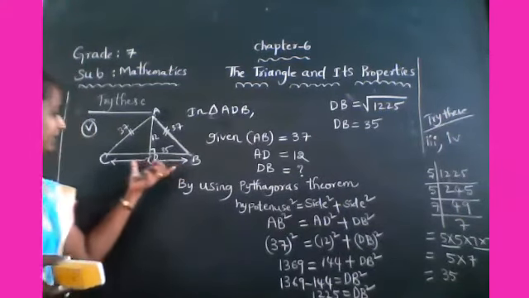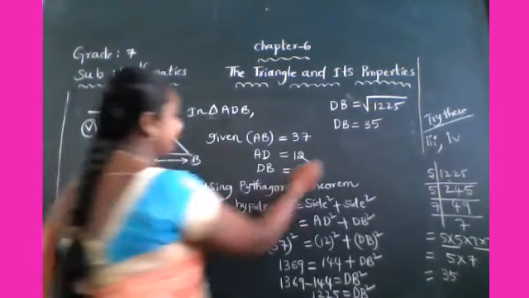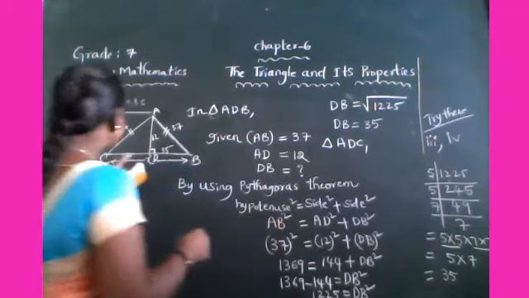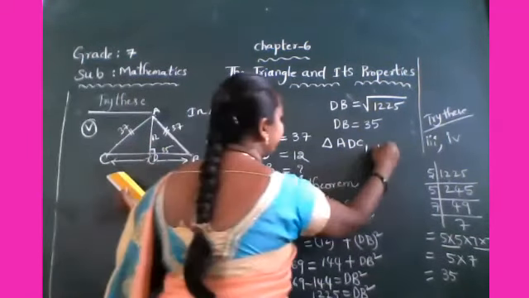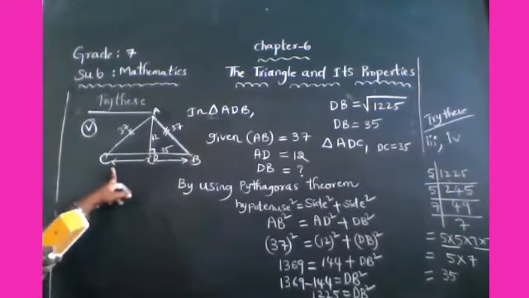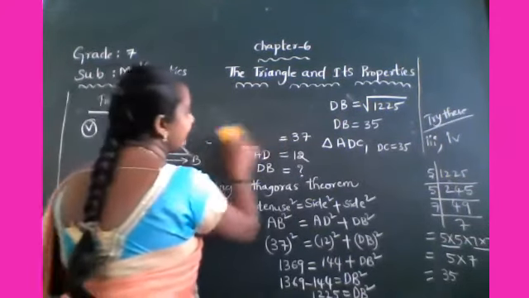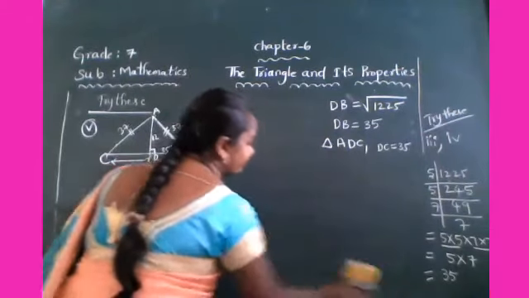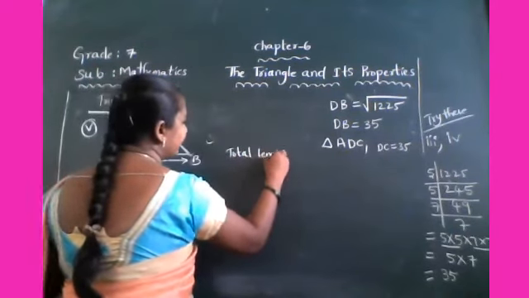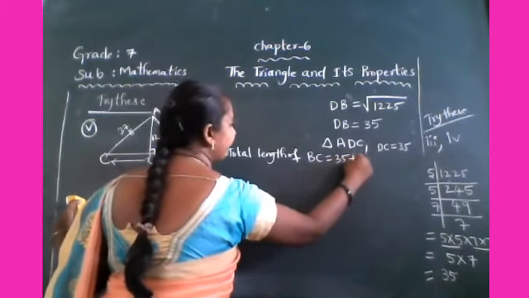What has he given? We have to find in one more triangle, that is triangle ADC. What is the length of DC? DC also 35. Now tell me the total length of BC. Very good. The total length of BC is equal to 35 plus 35.